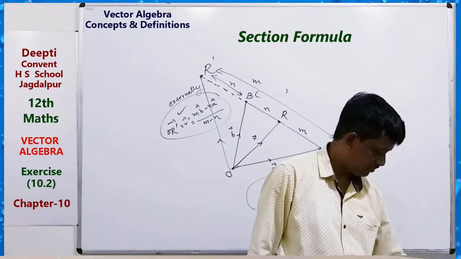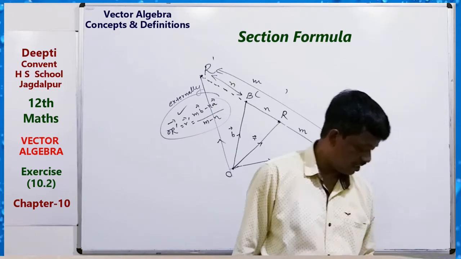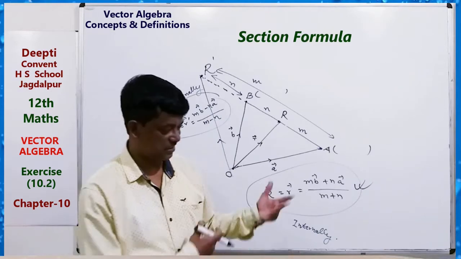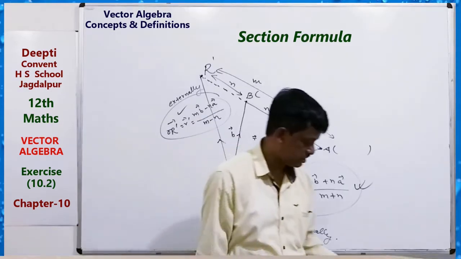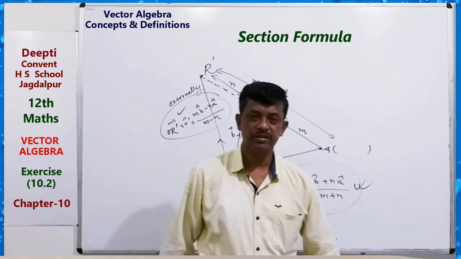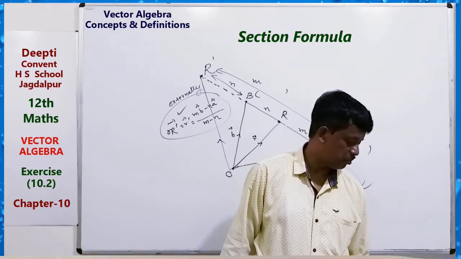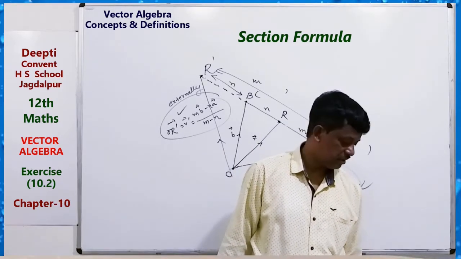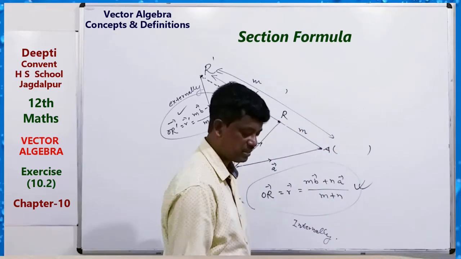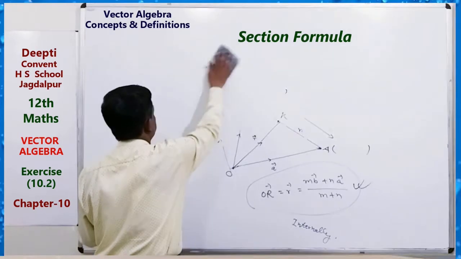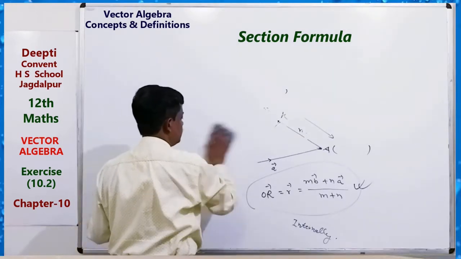Now, using the concepts we have discussed now and in the previous class, we will solve questions from exercise 10.2: section formula, components, unit vectors, etc. Try to solve the questions of exercise 10.2 one by one.